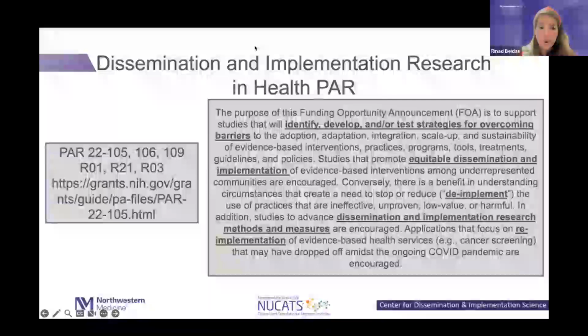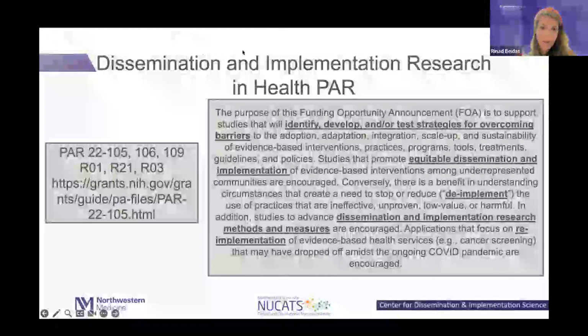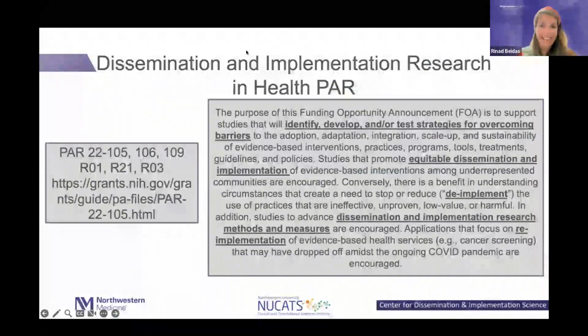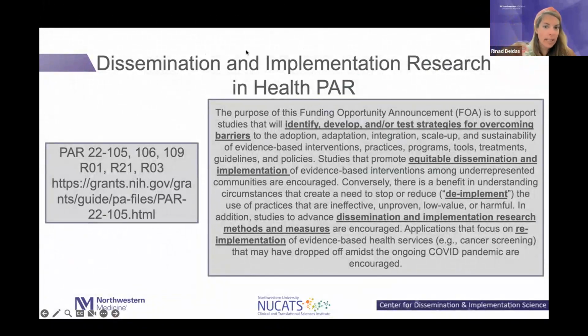If you go to the program announcement, which was just reissued in 2022, and you'll see the link, and I'll make these slides available, you'll see that there are 3 grant mechanisms supported by this program announcement. R01s, which are kind of the big kahuna grants, R21s, which are more high risk, high reward, with slightly smaller budgets than the R01s, and then R03s, which are smaller still.